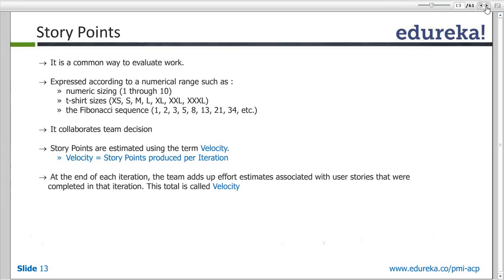So velocity is always calculated from the story points which are 100% complete. So if I was working on a story which was 8 points and it was 50% complete, it will not be calculated in my velocity. So now, how would velocity benefit you? In 3 weeks of time, in my first iteration, my team could deliver 10 velocity.